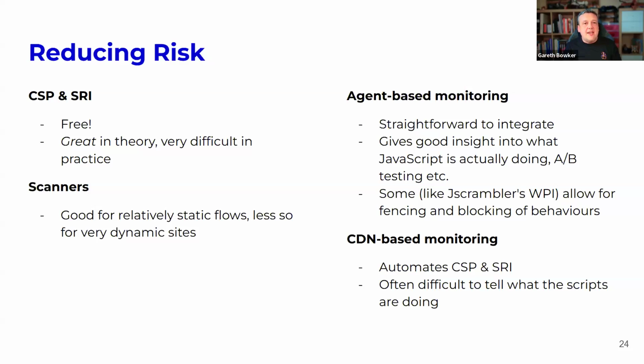If you've got A/B testing, it will see both of those different flows, because customers in the A branch will be running it in their browsers, and customers in the B branch will as well. It will also cover payments: if you use multiple payment processors in different regions, it will load for all of those different regions where you have customers. So again, you'll get that full coverage of exactly what your customers are seeing.